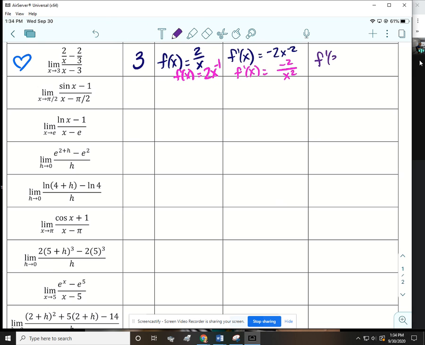And then we would put in our 3, so negative 2 over 9.